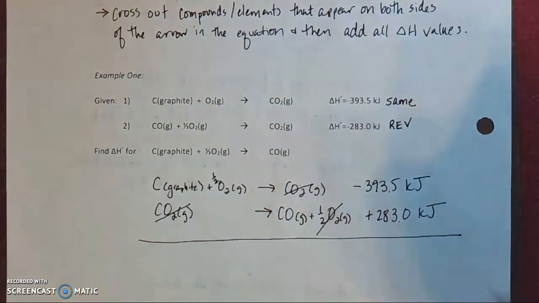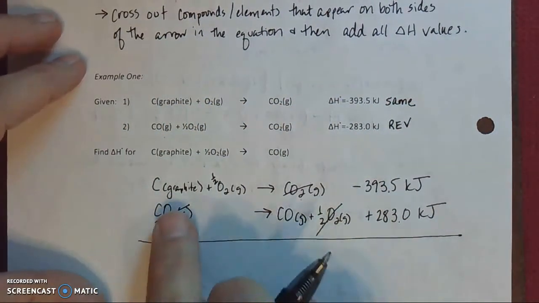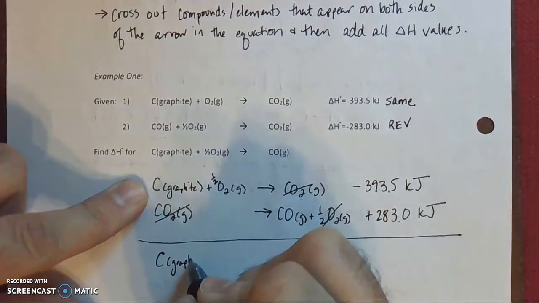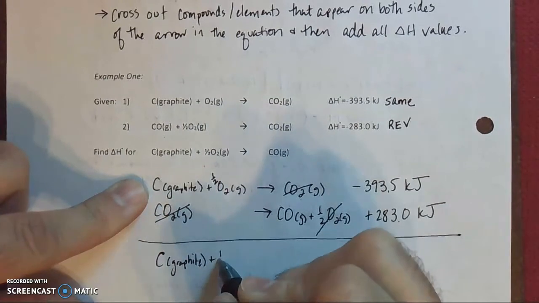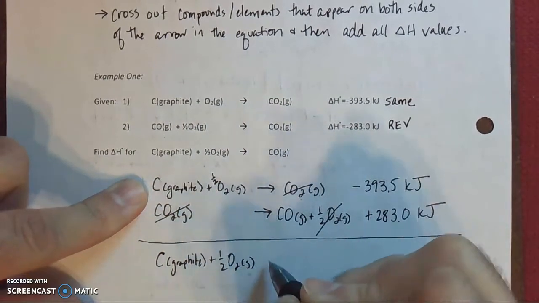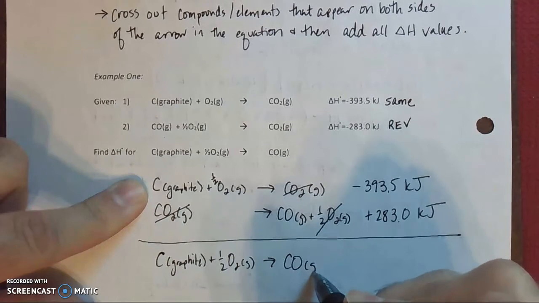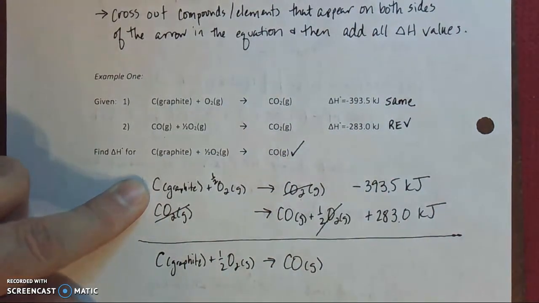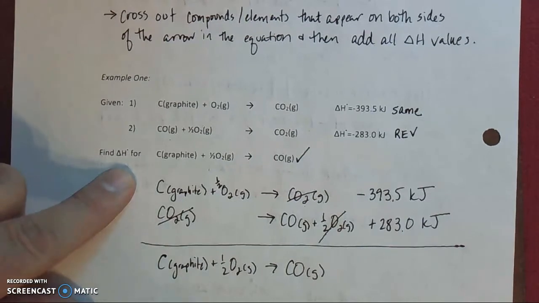Now, when I add these two equations together, I get C graphite plus 1/2 O2 gas yields CO gas, which is what I want right here. That's what I'm looking for.